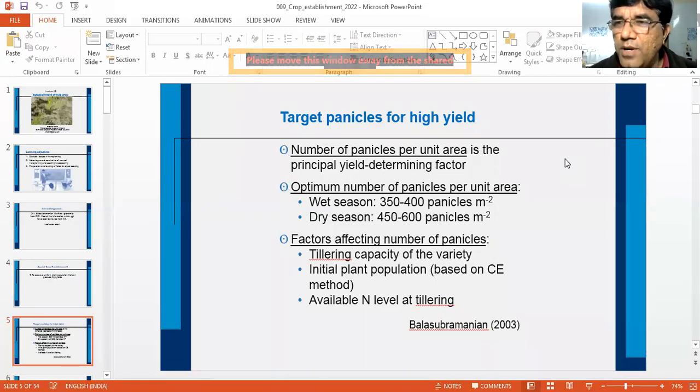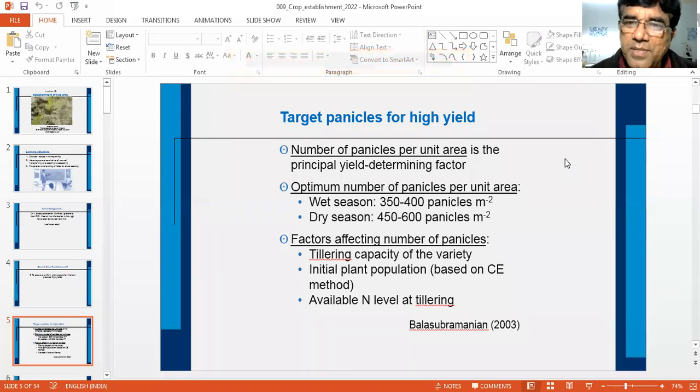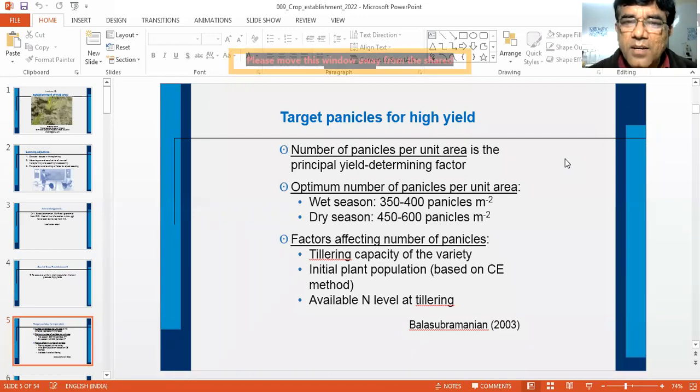You see, some pulses can be grown in Kharif season and in summer season. Same pulse, suppose it is mung bean or urd bean, you can take it in Kharif as well as in summer season.